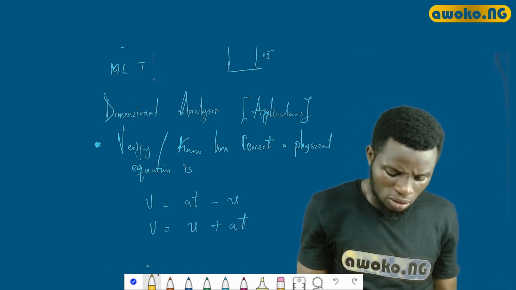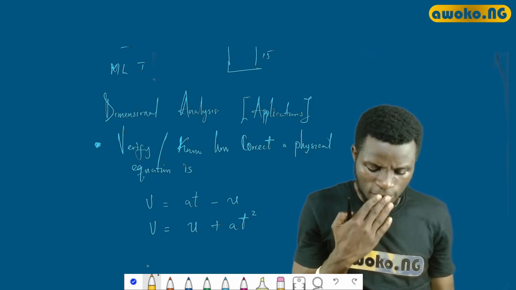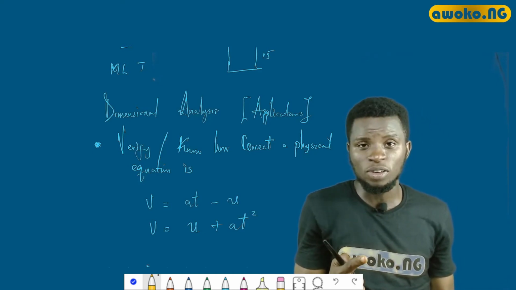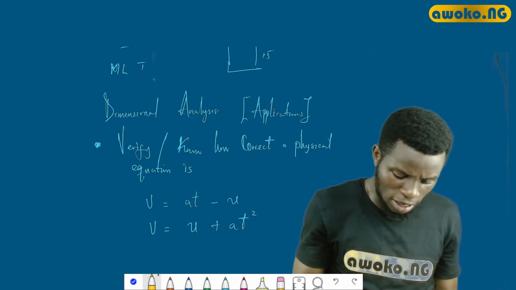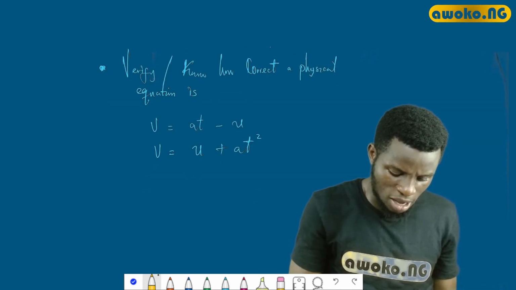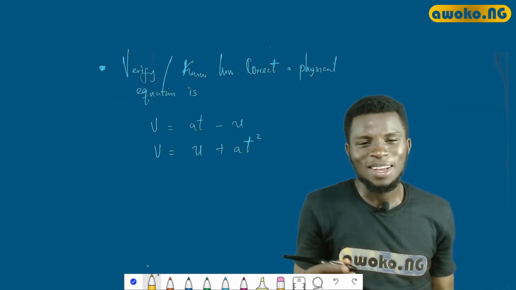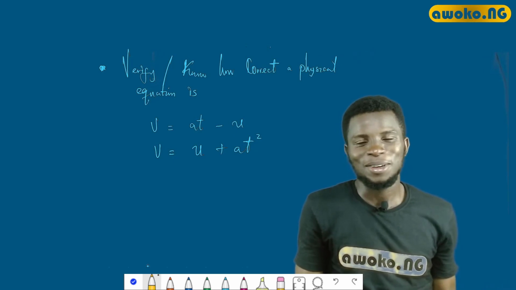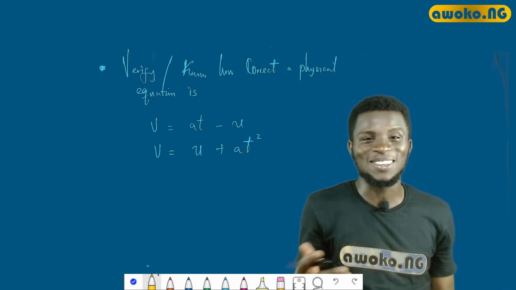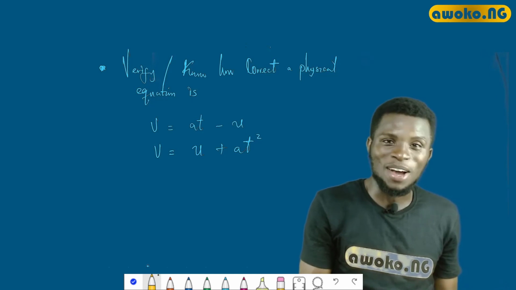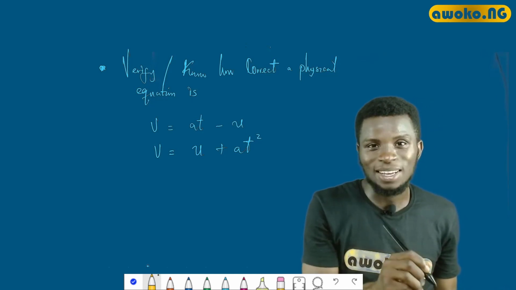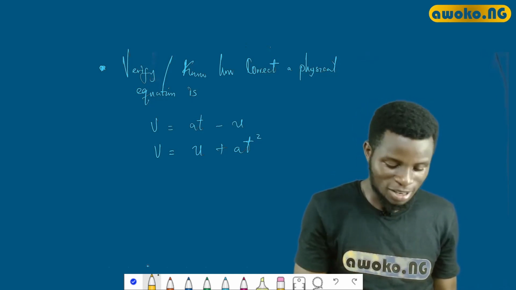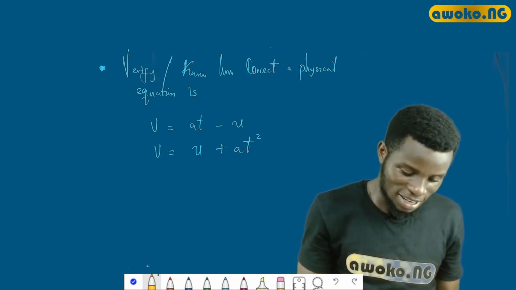Another equation, no, it's not AT, it's AT squared. But you don't really know which one is. Okay, you can decide to pick one of them. Yes, probably you have enough time. Of course, in our Nigerian system, most examination times are not enough for us. So that is why you have to be exact, accurate, and fast to pass any examination.